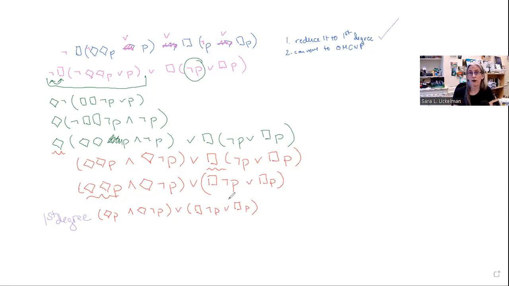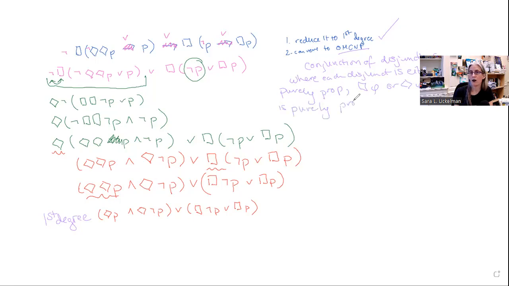Now we want to convert it to ordered modal conjunctive normal form. So remember, this is a conjunction of disjunctions where each disjunct is either purely propositional, or of the form box phi or diamond phi, where phi is purely propositional.